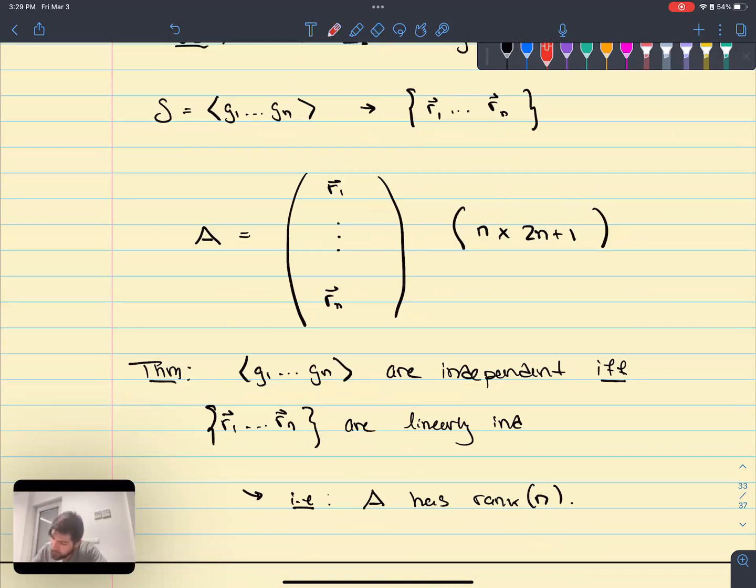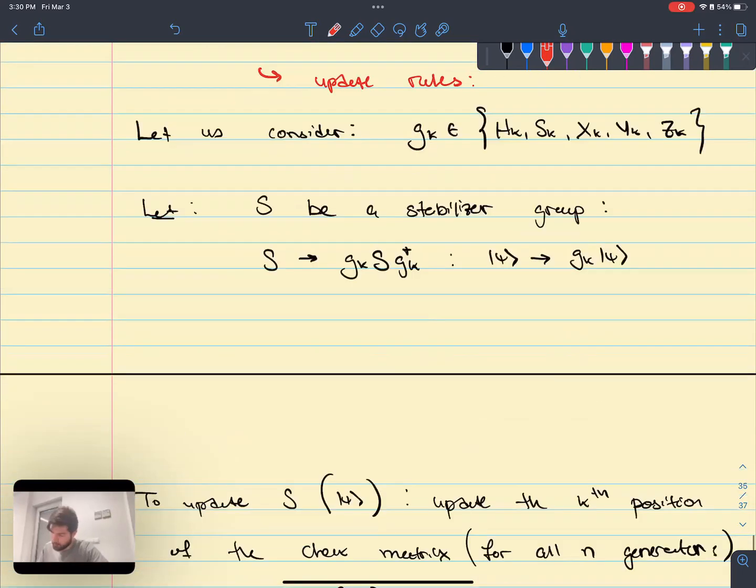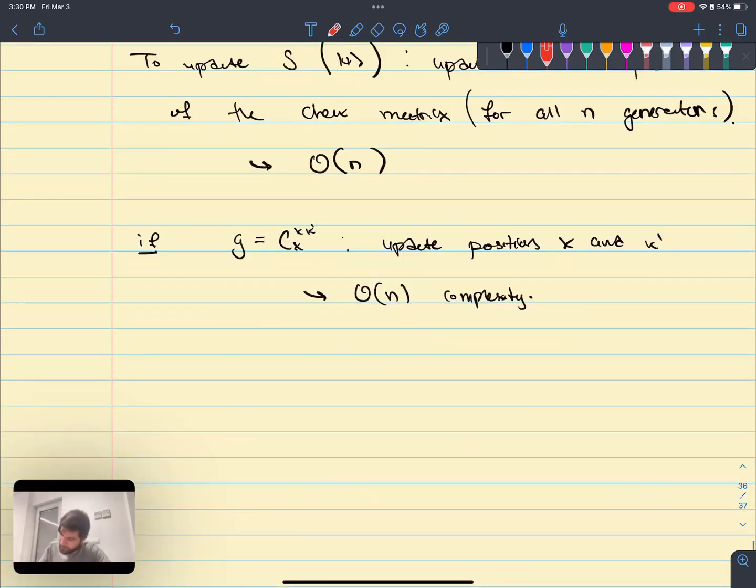So in terms of space complexity, this is 2n squared plus n, so roughly it goes like n squared. Here we have that the complexity goes like order of n.